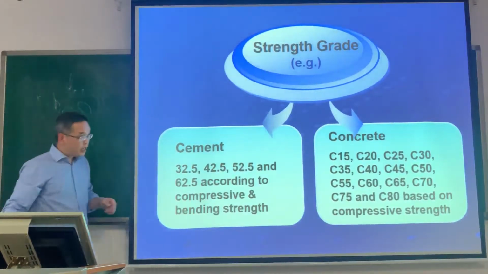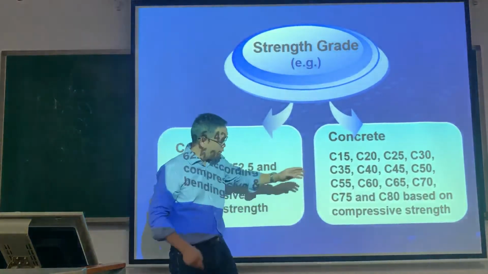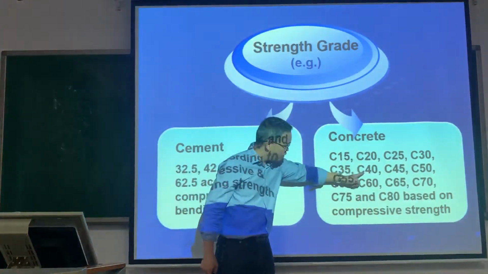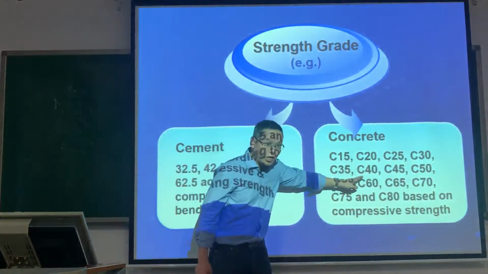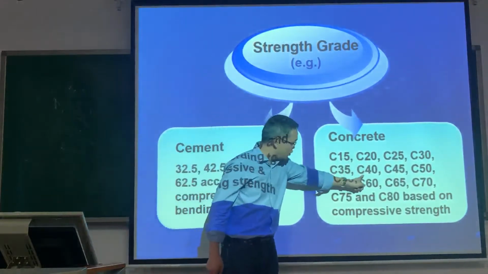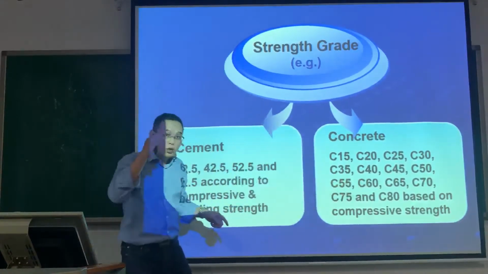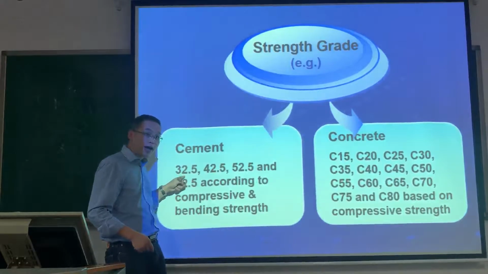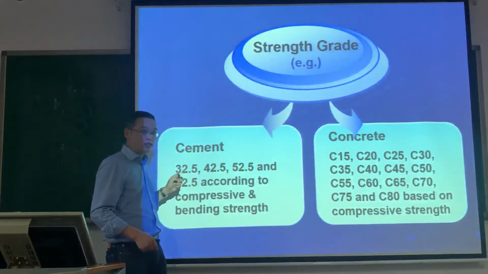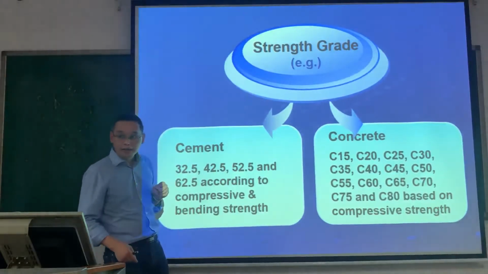This means that if you want to get C40 grade of concrete, okay? If you want to get C40, you cannot use 32.5 grade cement.